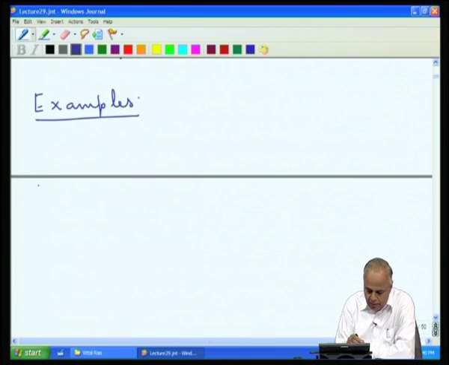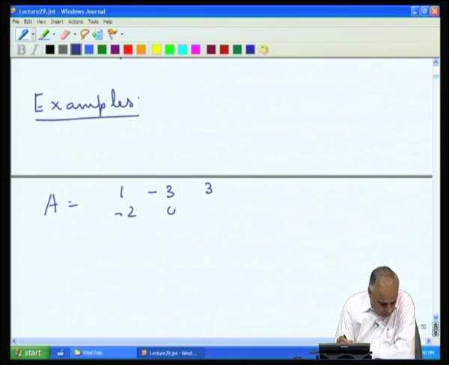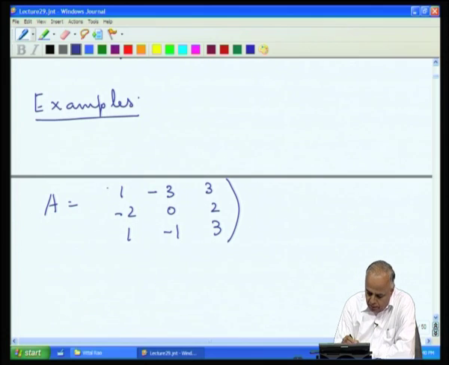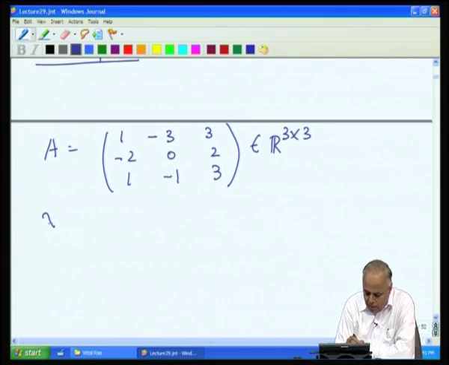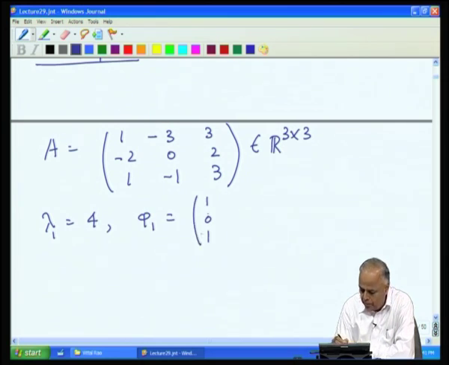Let us take the matrix A: 1 minus 3 3, minus 2 0 2, 1 minus 1 3. It is a matrix which has all real entries and it is a 3 by 3 matrix. Let us consider the number lambda 1 equal to 4 and the vector phi 1 to be 1 0 1.